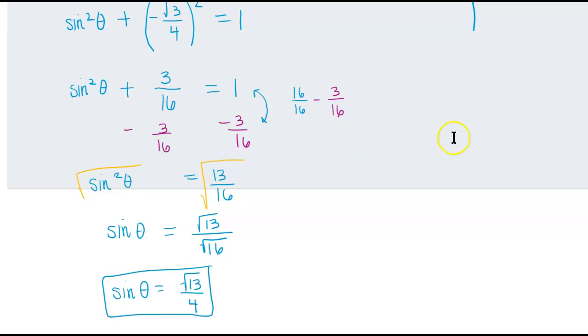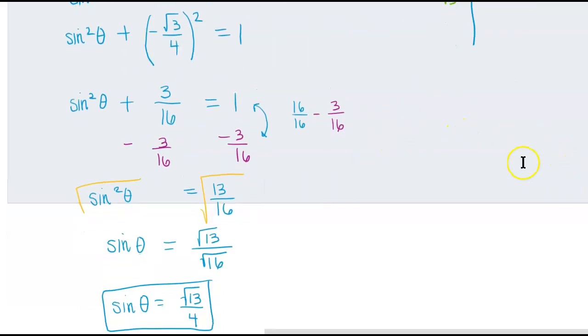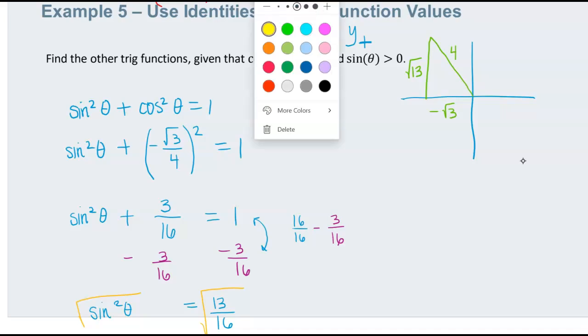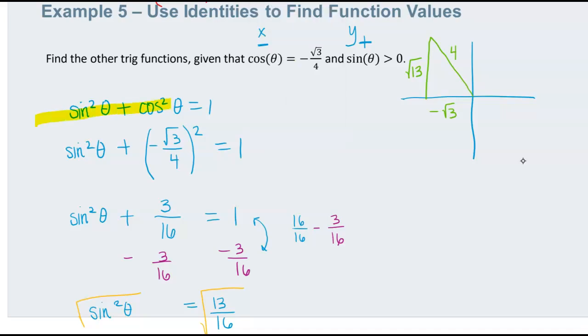But all the work that we just did is a different way of figuring this out. So this would be square root of 13. So this is just showing you that I could take this Pythagorean identity and I could find the other trig values.